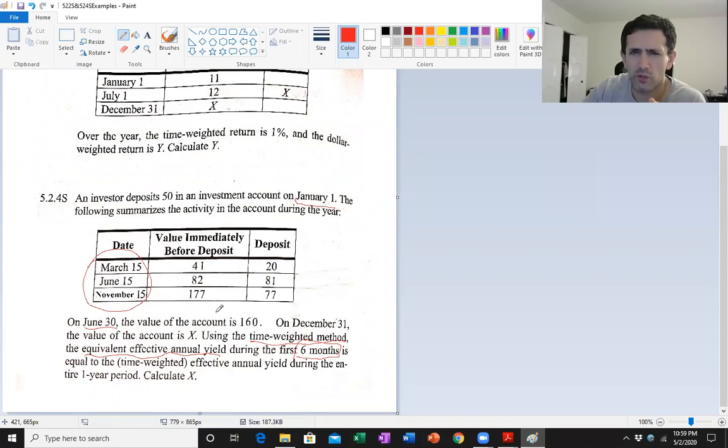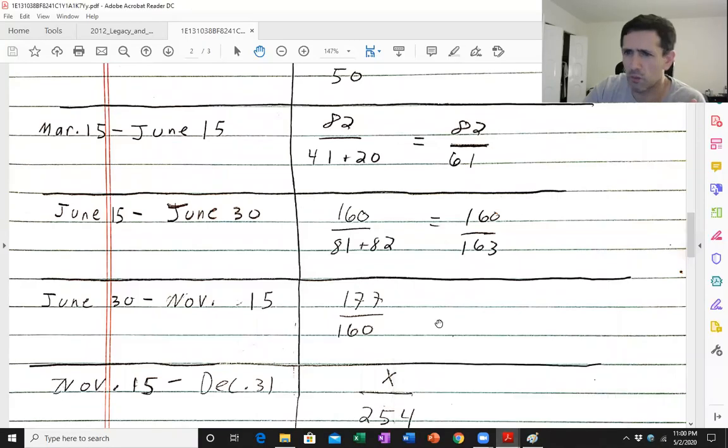Right. So June 30th to November 15th. Right before the deposit, you have 177, and you start off with 160, so it's just 177 over 160.